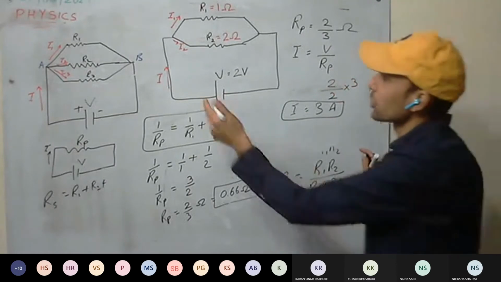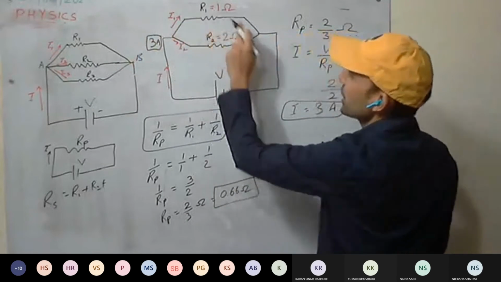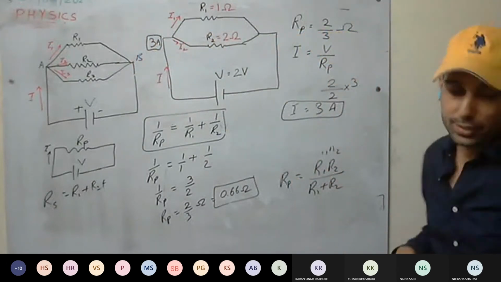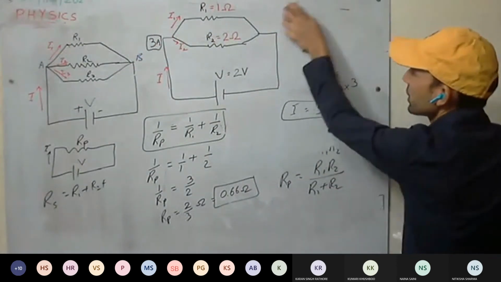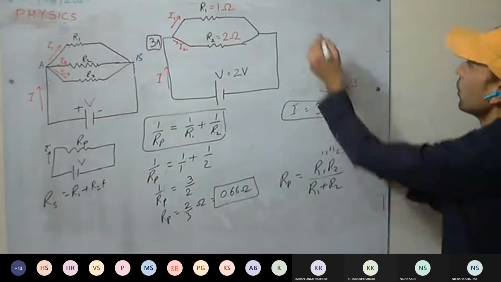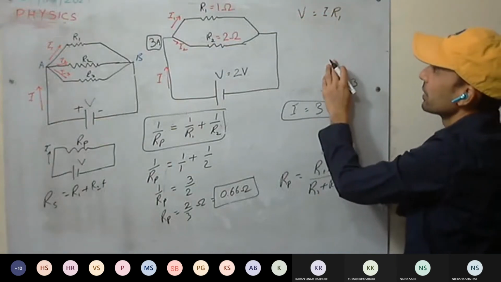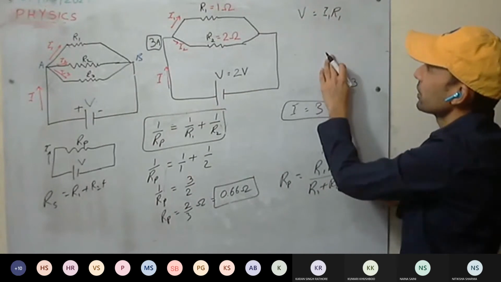So current flow is 3 amperes. Okay. Check how much current is flowing through the first resistor. How can we calculate current through the first resistor? V equal to I1 R1.